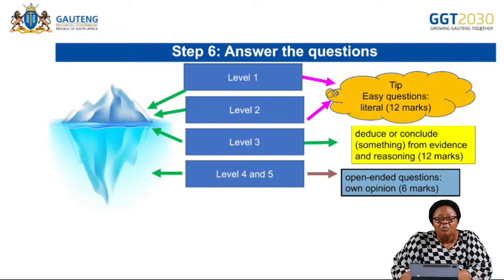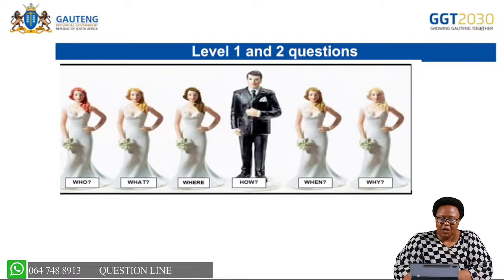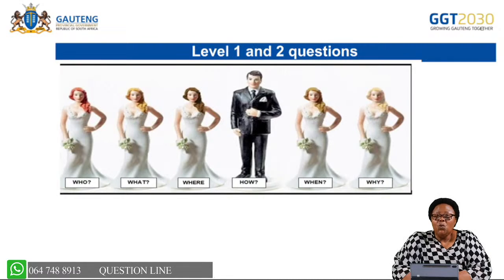You use your own opinions, but remember, as you use your own opinions, you have to bear in mind the context of the passage. It's carrying 6 marks. And then level 1 questions are actually the WH questions. The who, what, where, when, why.